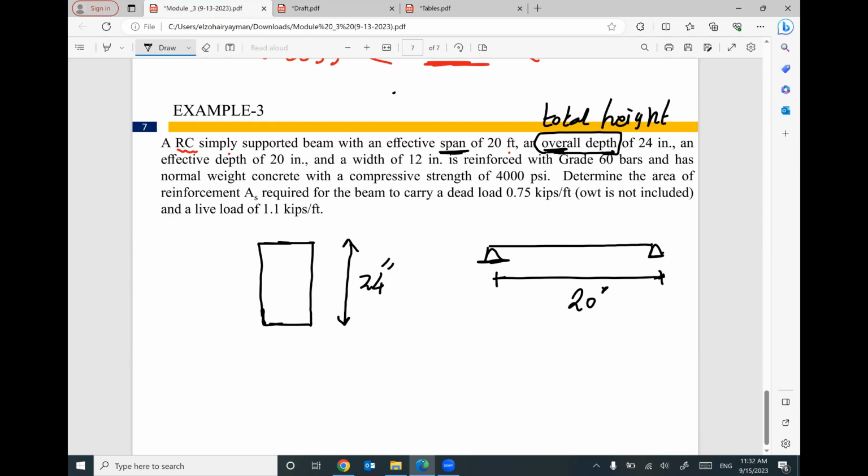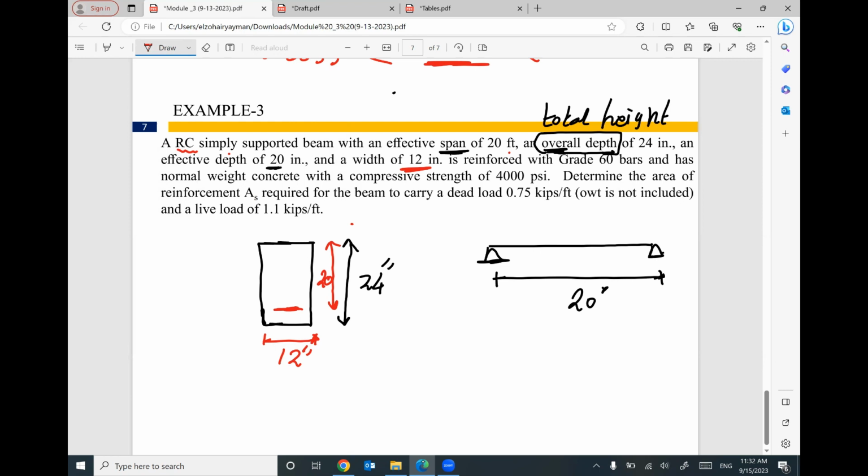And we are given the effective depth, so this depth to the steel reinforcement is 20. And we are given the width of the cross section is 12. So far, so good. We need to translate our problem to a sketch.